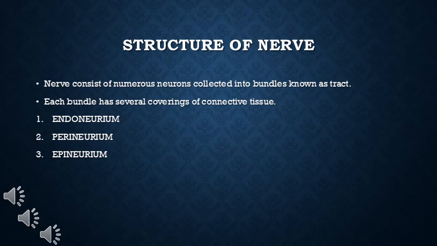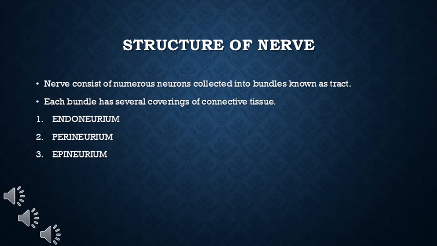After that the perineurium comes. As you can see, 2 to 3 nerve fibers are present in a perineurium. There are many axons in this image: 1, 2, 3, 4, 5, 6, 7. There are 7 axons over here in one nerve fiber.